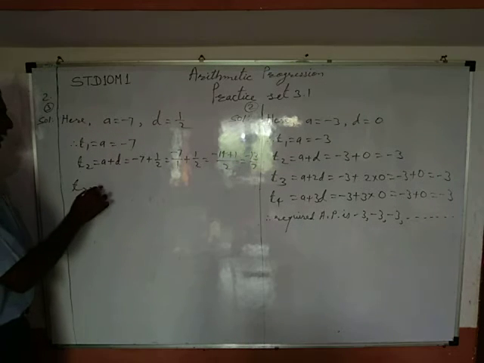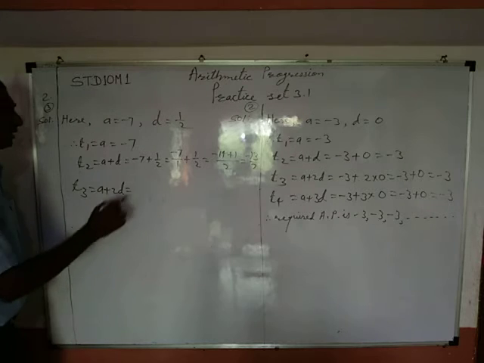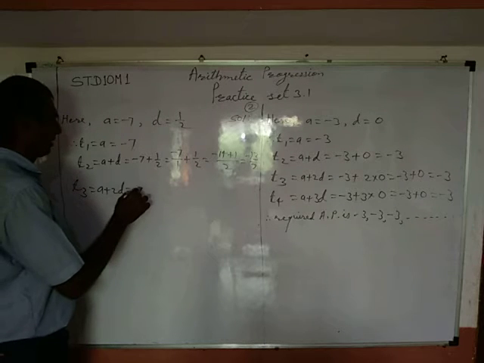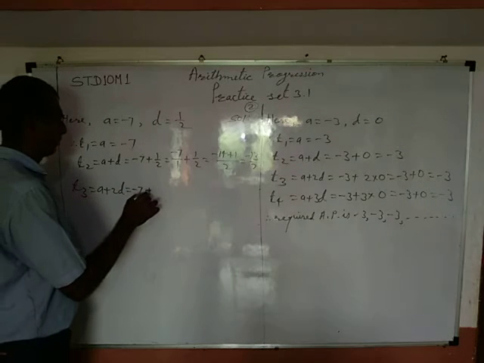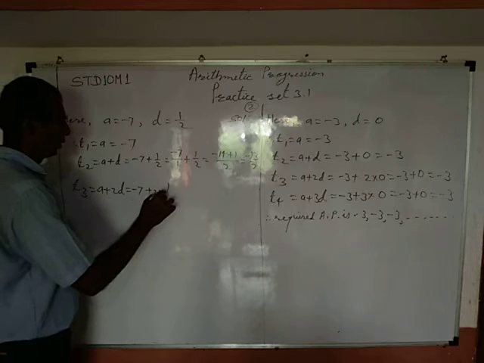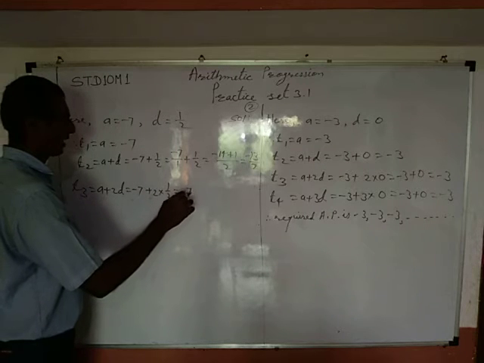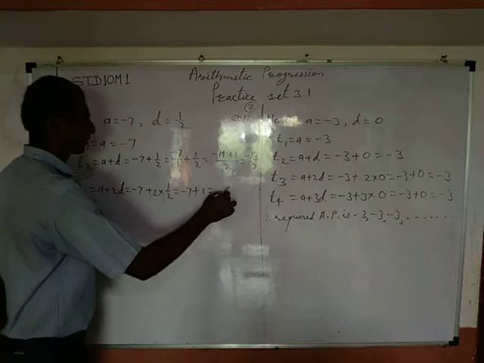Similarly, T3 equals A plus 2D equals -7 plus 2 into 1/2 equals -7 plus 1 equals -6.